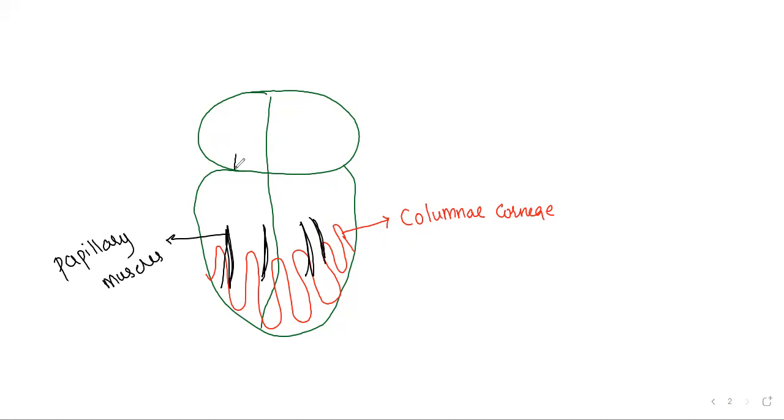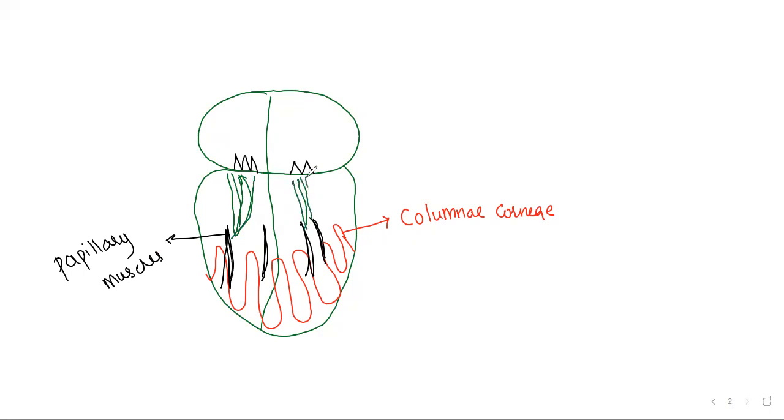And what is the valve we are seeing on the right atrioventricular aperture? Tricuspid valve. And what is this? Bicuspid valve. Now, the papillary muscles are connected to the tricuspid and bicuspid valves with bundles of collagenous fibers.